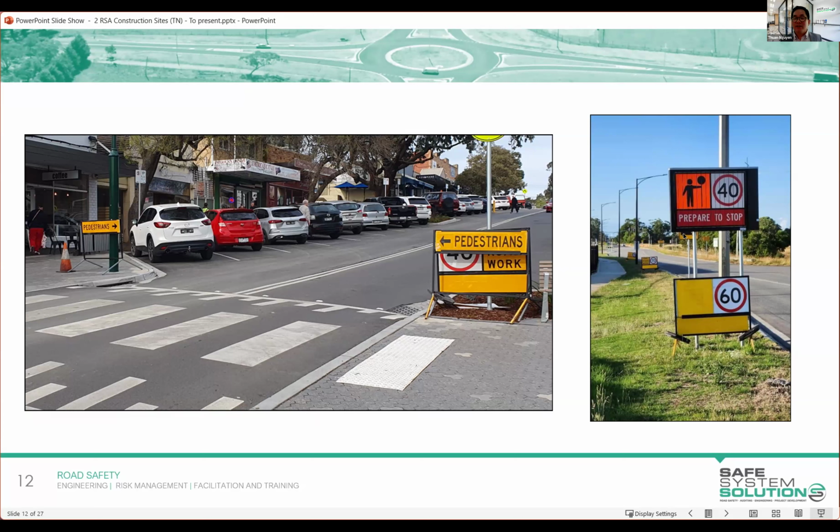I can talk about the one on the right-hand side. I was a bit disappointed to see that you drive through this fairly short section of the road and you got 60, you got 40, and you got 70. What does that mean? It certainly doesn't help. The one on the left, the key important message is 40k. However, it's covered by this pedestrian sign. So not a very good setup.